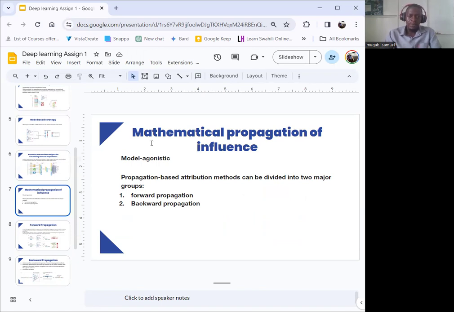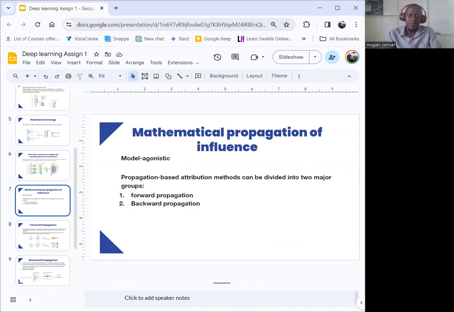Now, there is mathematical propagation of influence. And the way this was approached in the paper is they wanted to come up with strategies that are model agnostic. What do we mean by model agnostic? That the approaches are sort of above models. They don't only work on a specific model.